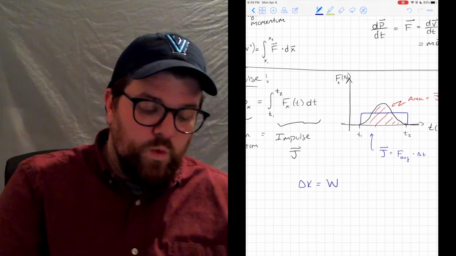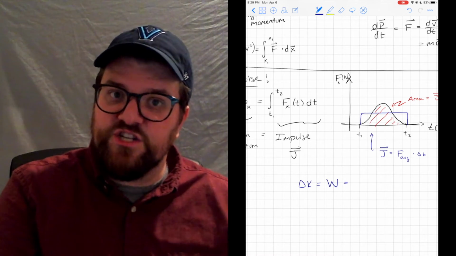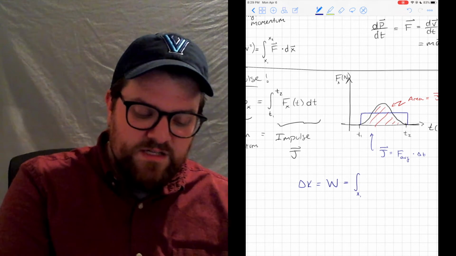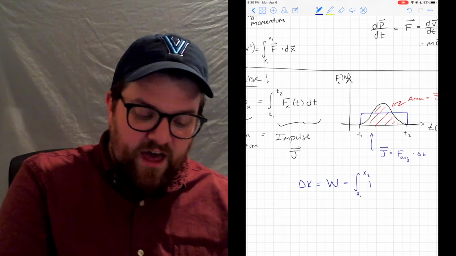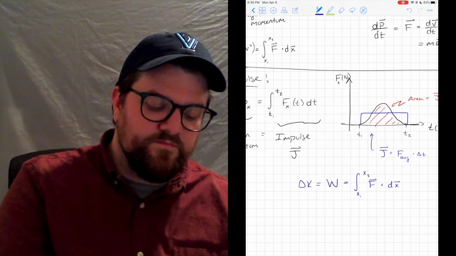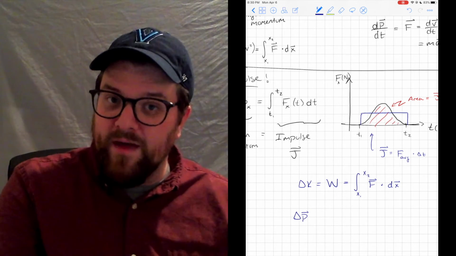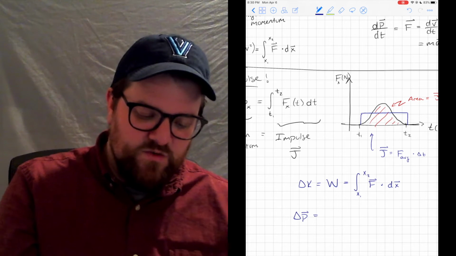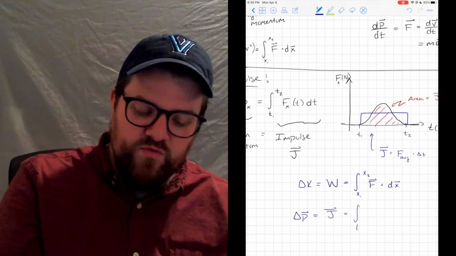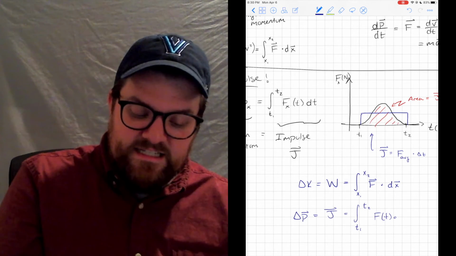So everything did work, and so any work done on my system changed its kinetic energy. And we defined that as the integral from x1 to x2 of f dot dx. Now what we're saying is delta p, our change in momentum, is equal to some impulse, which is the integral from t1 to t2 of f of t dt.